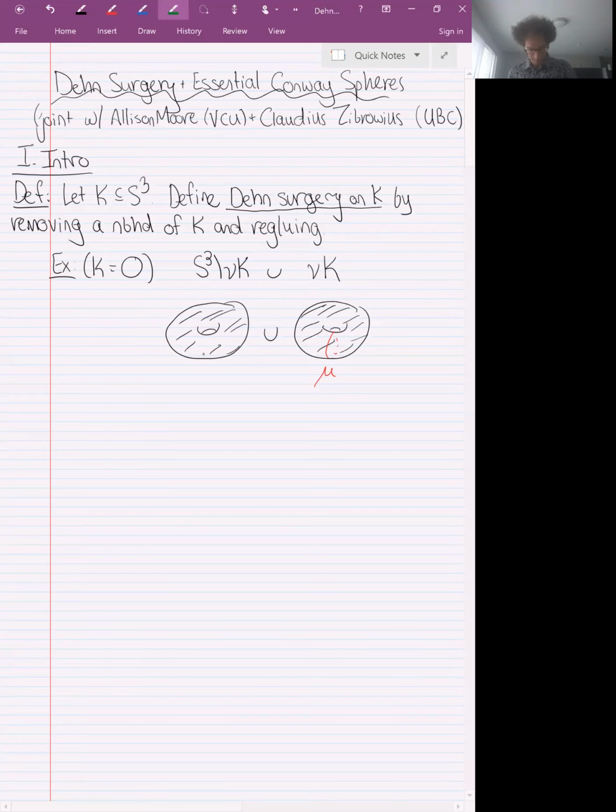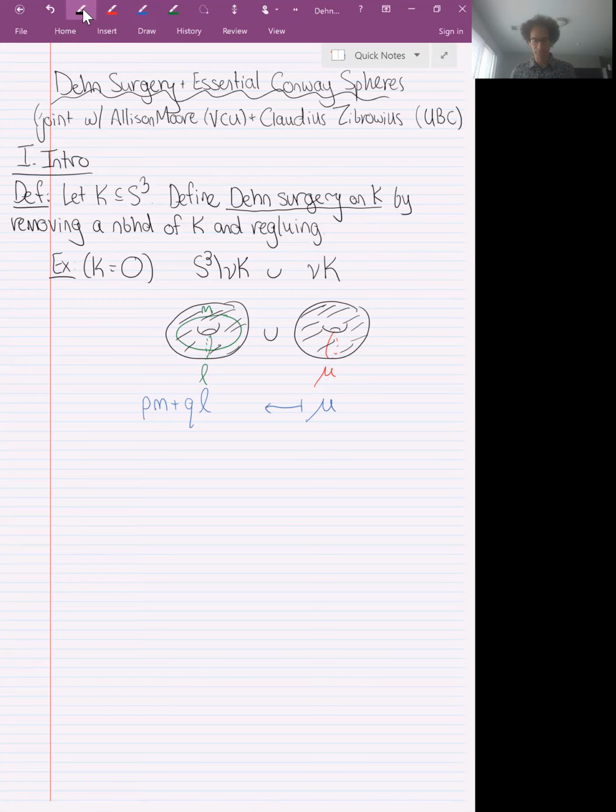Let me parameterize that boundary. I'll call this curve L and this curve M. What I do is send mu to P times M plus Q times L, where P and Q are some relatively prime integers.